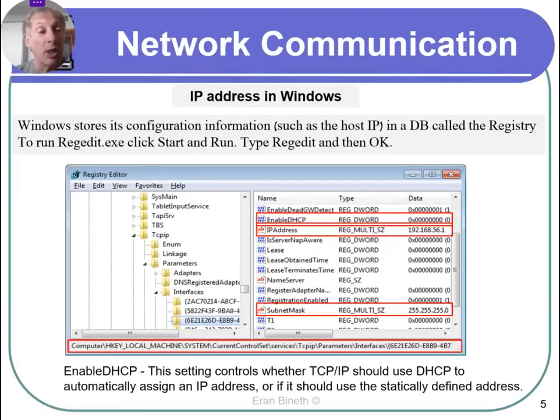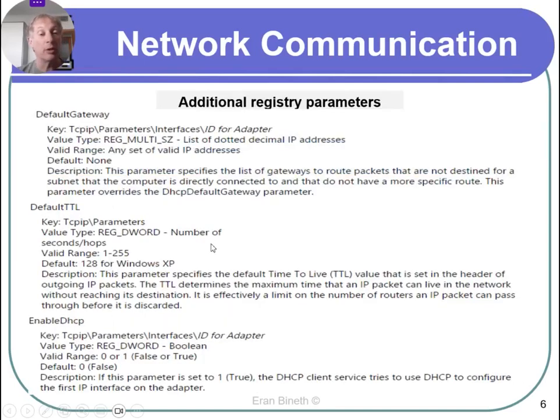Those IP addresses are stored in the registry of Windows and in files in Unix. For example, in this hive called local machine, stating the IP address and its subnet mask, a term that we will be getting familiar with shortly.